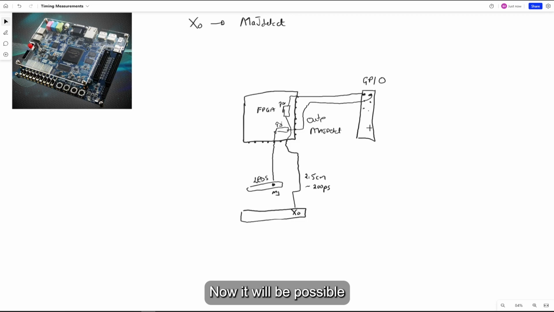So now it makes it possible to measure with a probe.